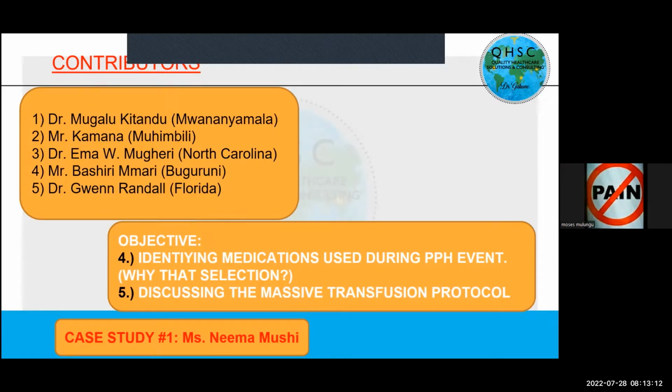I was a bit surprised when I heard that in America, any patient who is at risk, anesthesia will be involved. But here, anesthesia is involved only when the patient is planned for surgery, and it's an elective case.